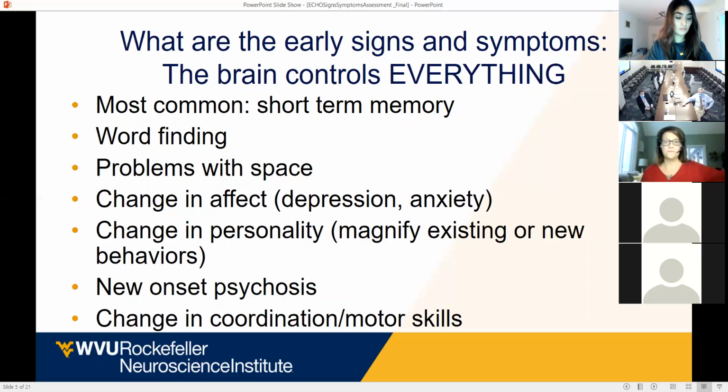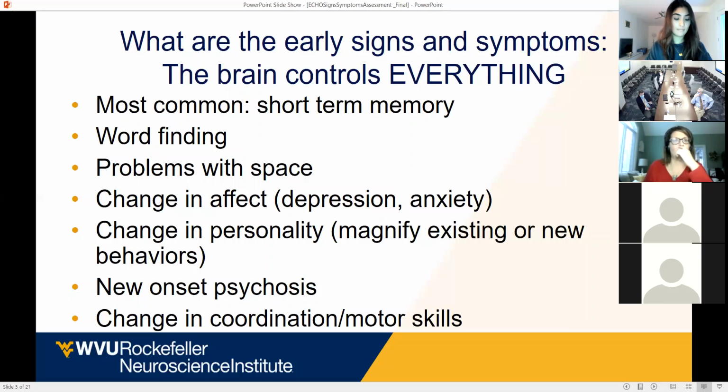The most common one is short-term memory. That's what most people are aware of. It's a complex process, but that's the most common complaint people come in with. But literally, it could be anything. Any change in behavior or cognition could be a sign of an early neurodegenerative condition.